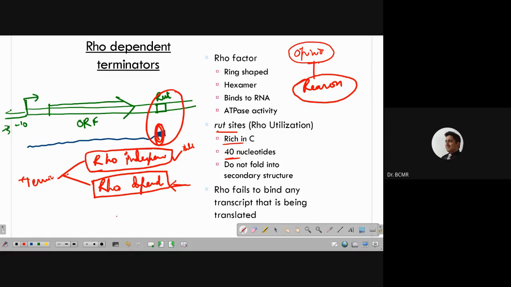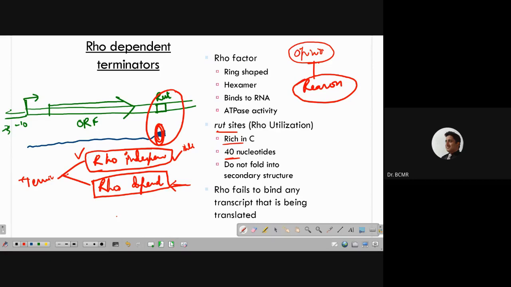But this is kind of expensive. It is likely that the rho independent terminator is not as efficient as the rho dependent ones. But evolution in general will bring about anything that works. It's not about the best thing that works, it's not always the case. It gives anything that works.